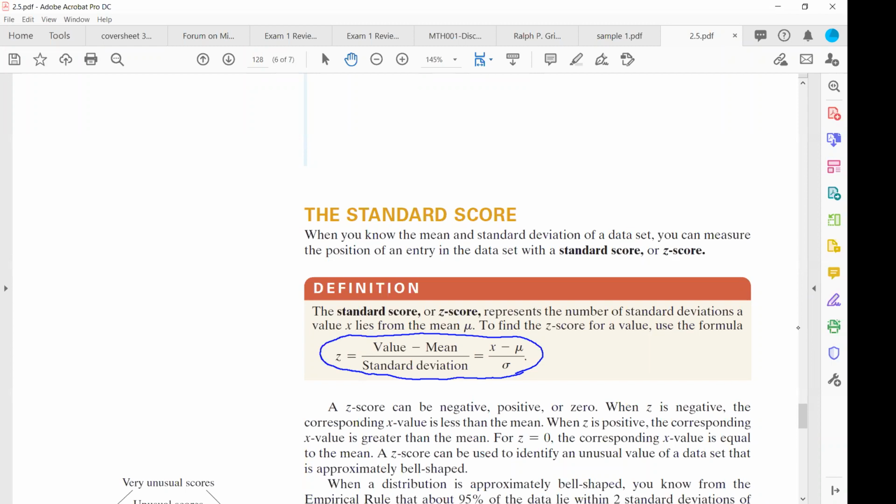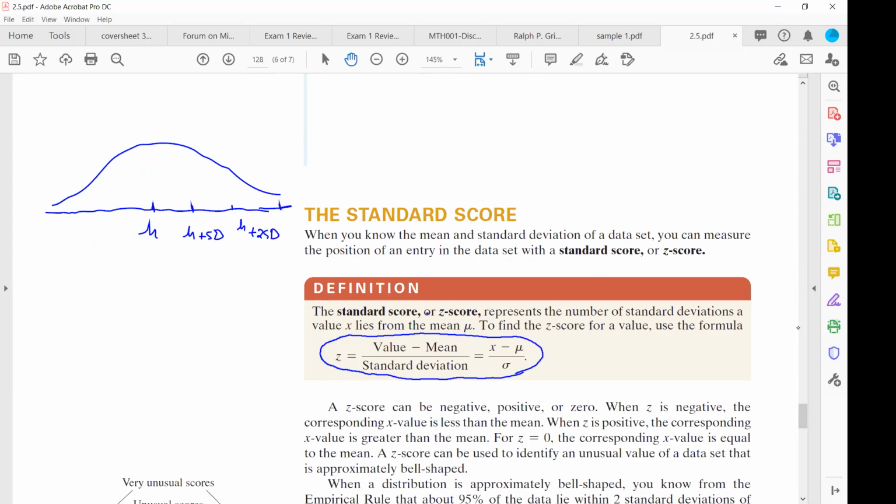The standard score or z-score represents the number of standard deviations a value like x lies from the mean mu. Okay, so suppose this is your original collection, and suppose you have a normal distribution. This is your mean. This is mean plus 1 standard deviation. This is mean plus 2 standard deviations.